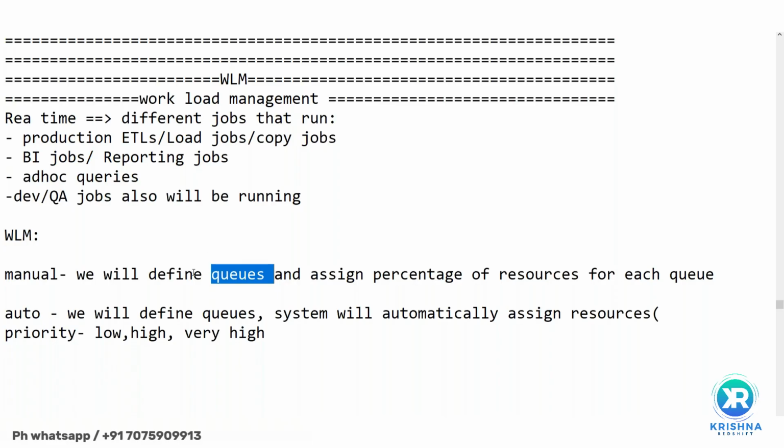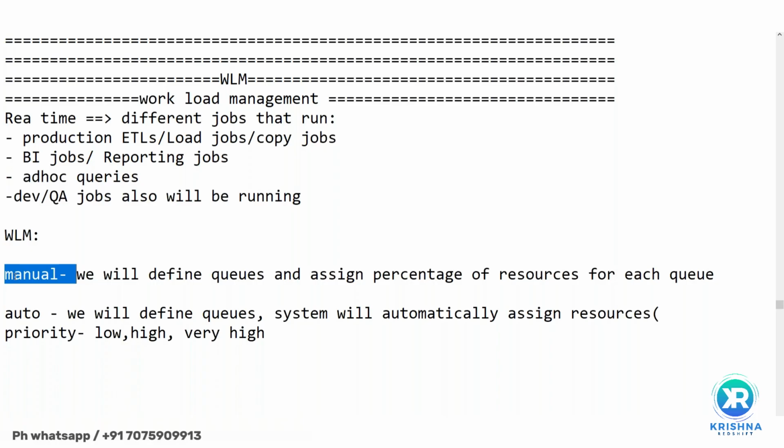And you will specify how much percentage of memory you will assign in manual. Basically, in manual WLM, you improve the priority by assigning memory to each queue. First, you divide the jobs into queues, BI jobs in one queue, ETL jobs in Q2, Q3, like that, and you give a certain percentage of memory.